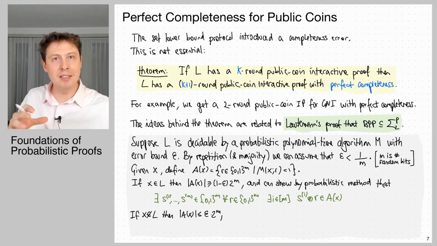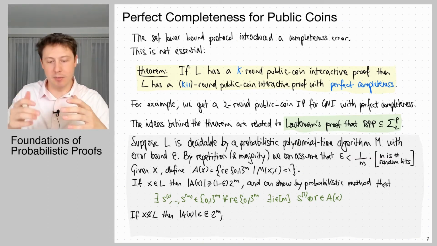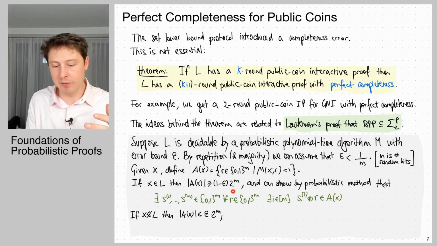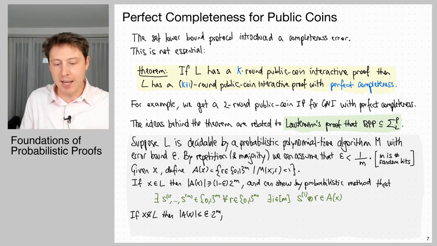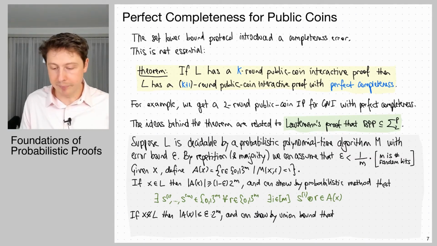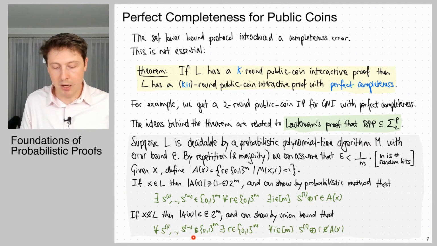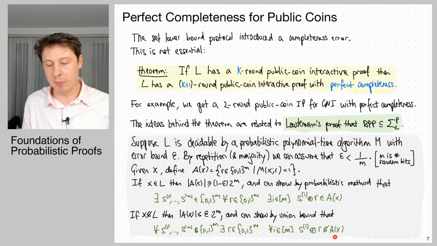Because this set is so large, it's at least (1 minus epsilon) times 2 to the m, it's almost everything. I can pick m shifts of it such that no matter where I find myself, there is a shift that covers me. Now, conversely, by a union bound, when the set is small, no matter which shifts I consider, there is always some string that is left uncovered by all shifts.